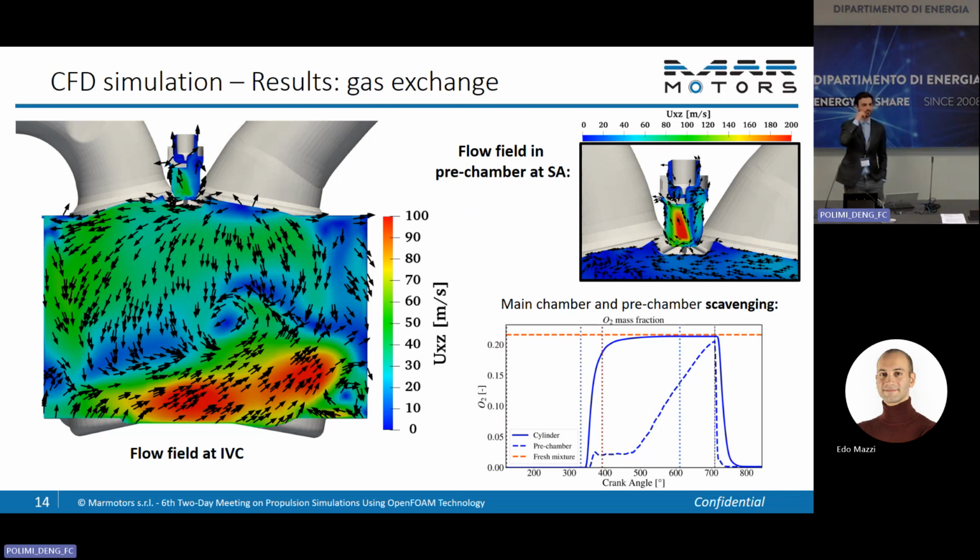We tried to check on the Borghi diagram, and we know that this regime cannot be simulated with a normal ECFM model, because the flamelet model is not fully capable of modeling the little jets coming from the pre-chamber.